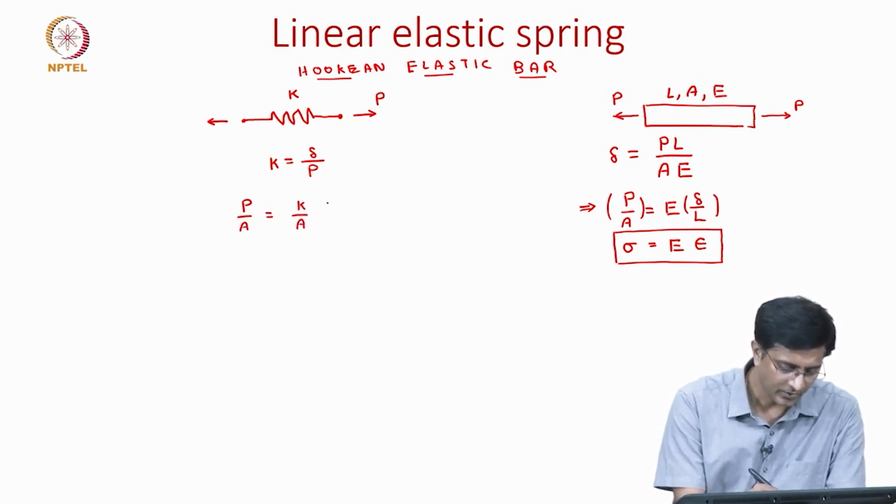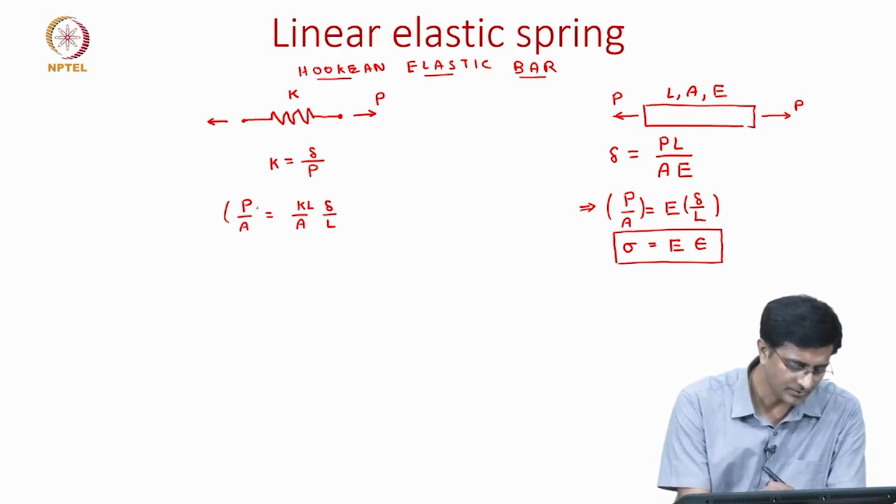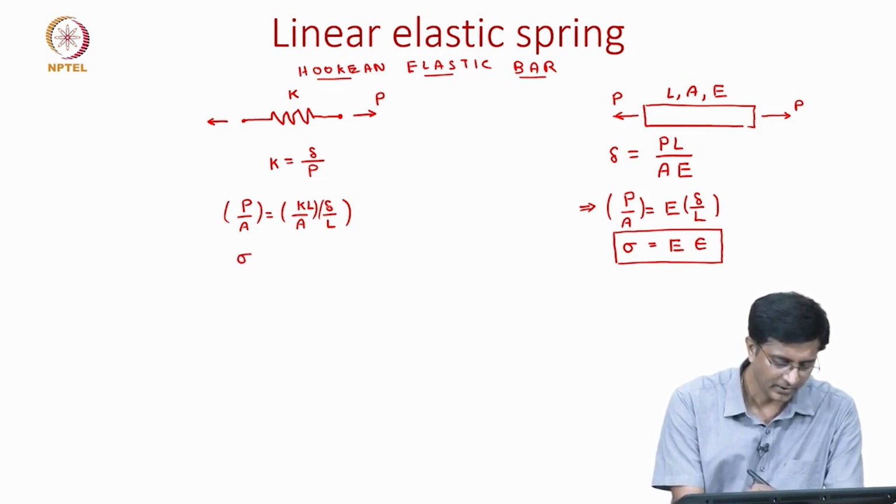Similarly, I can leave delta here, but multiply and divide by L on numerator and denominator. So, now we have these three terms: P by A, which represents the stress, and delta by L, the deflection over the total length, which is the strain.